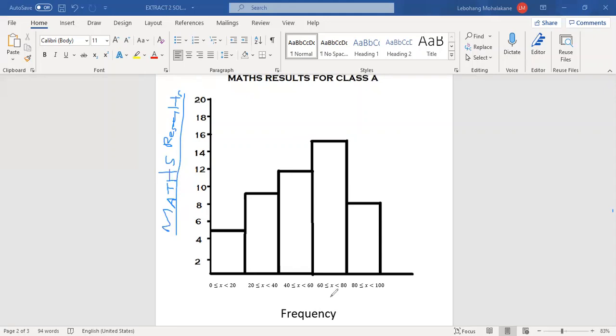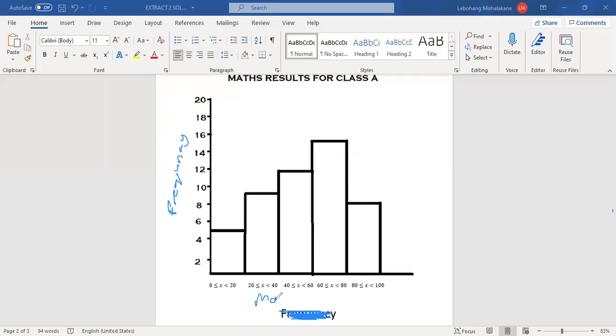Oh, the frequency is the side. This is the frequency, and these are the maths results.